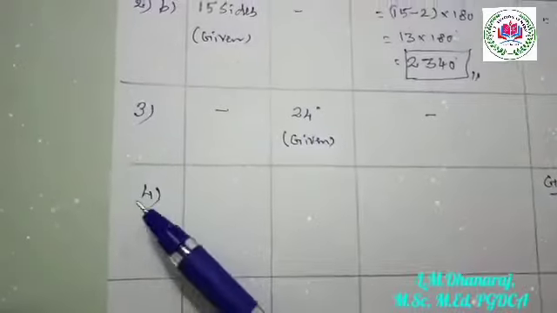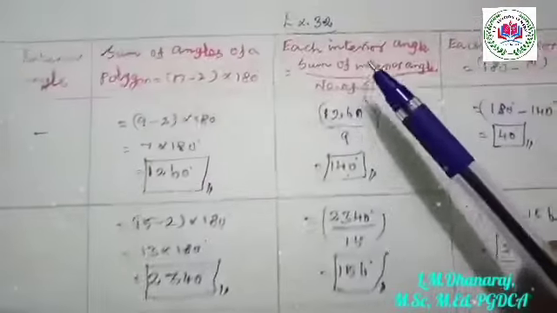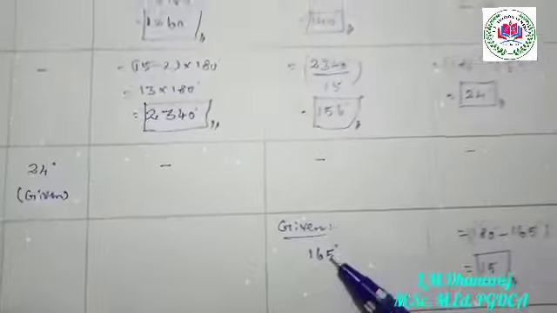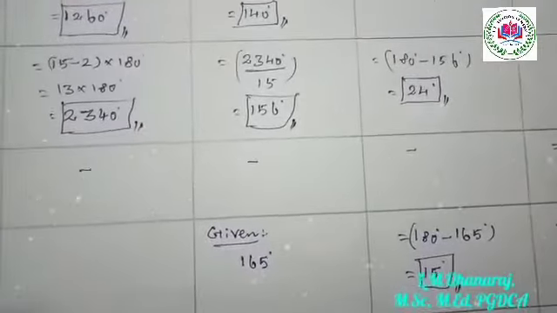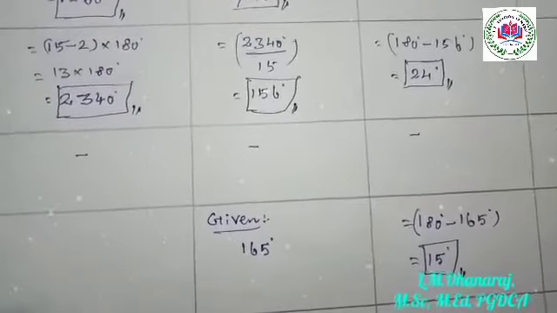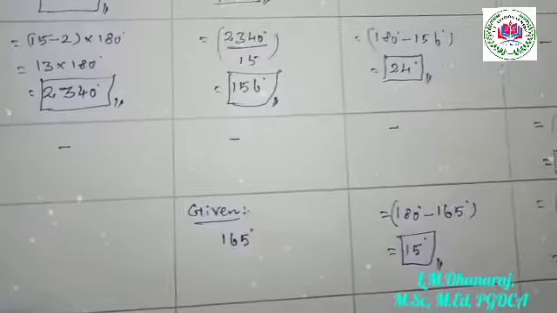And for the fourth sum, the interior angle is given. Interior angle is 165 degrees. Now find out the exterior angle. The exterior angle formula is 180 degrees minus 165 degrees. So this is 15 degrees.